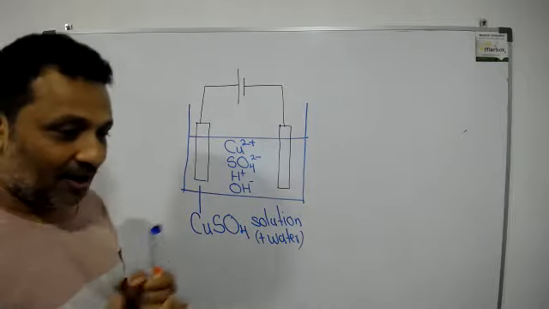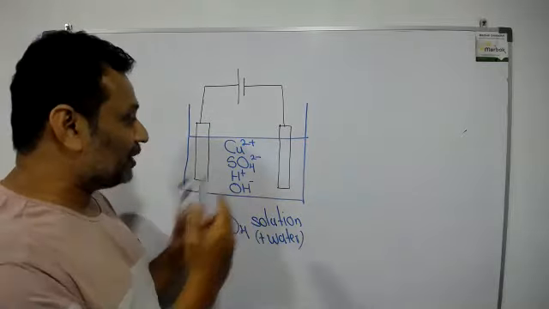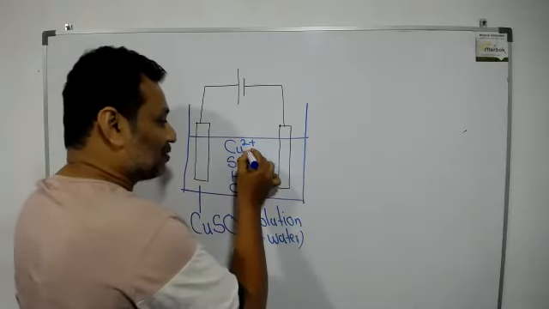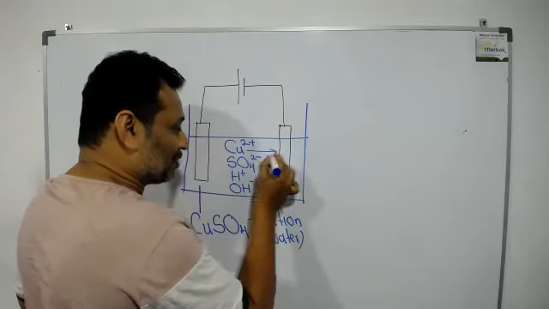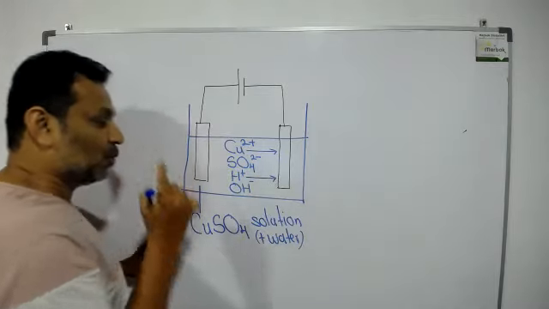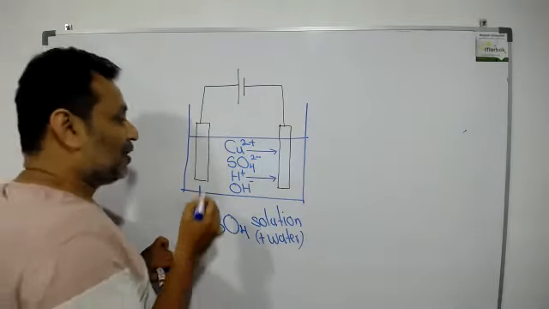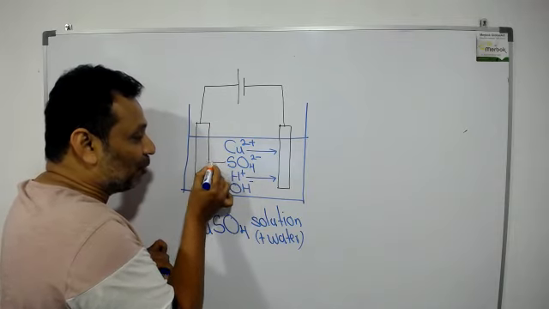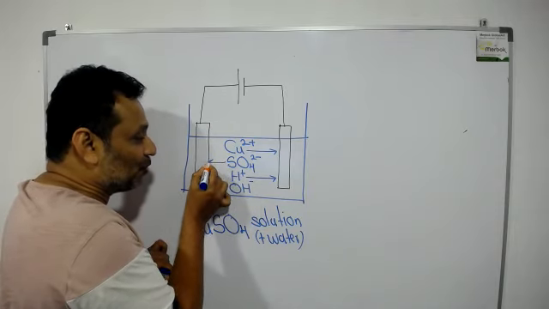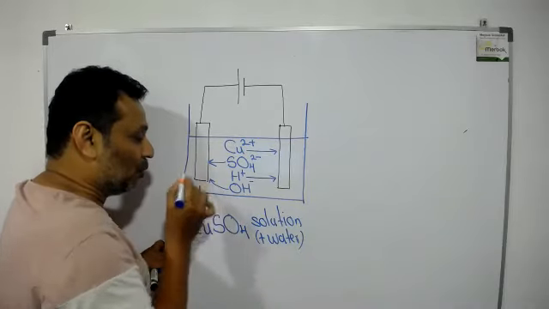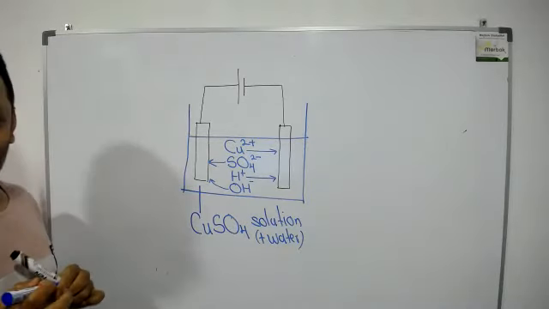What are the ions moving to the negative pole? Cu2 plus will go, H plus will go. What are the ions going to the positive pole? SO4 2 minus will go, OH minus will go.